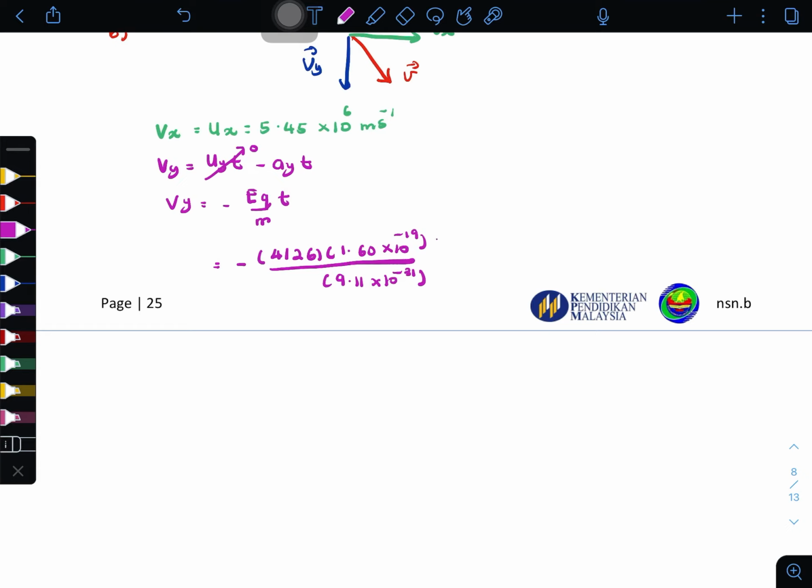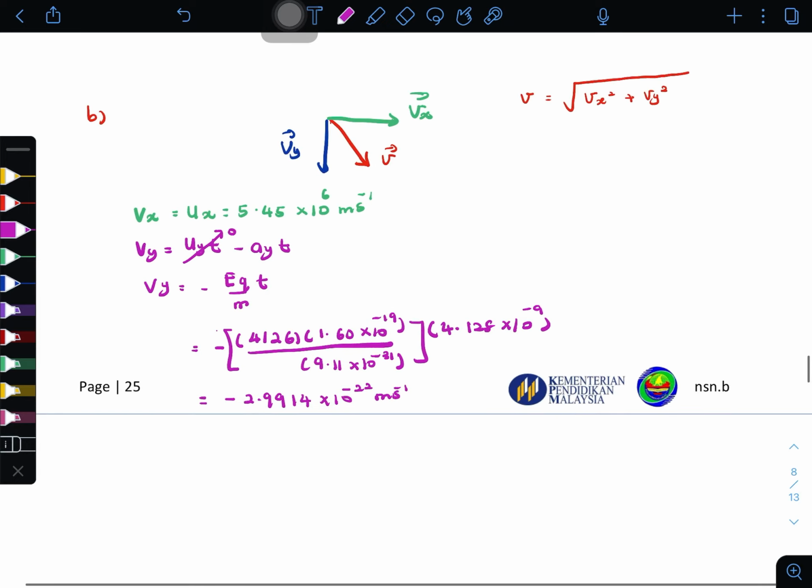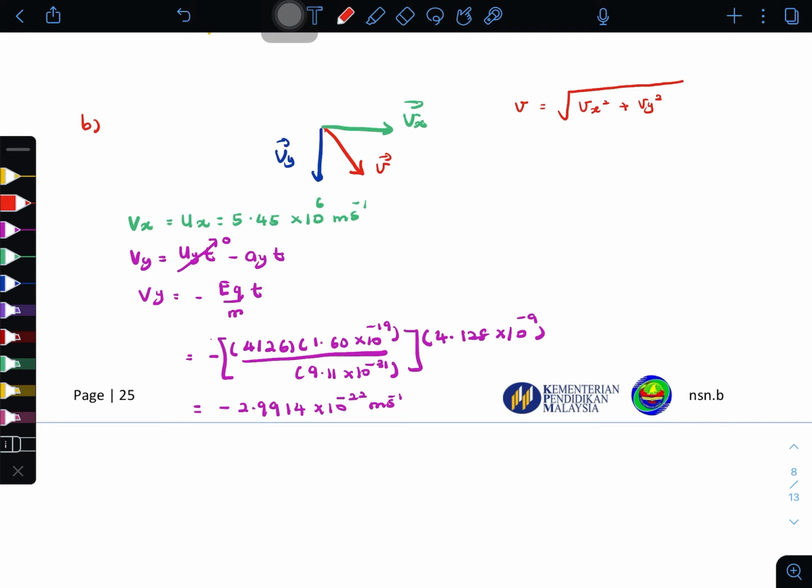And kita timeskan dengan time. Time juga kita dah jumpa tadi, which is time is 4.128 exponent negative 9. So kita dapat Vy is equals to negative 2.9914 exponent negative 22 meter per second. So this is our Vy. So we just substitute back into here.